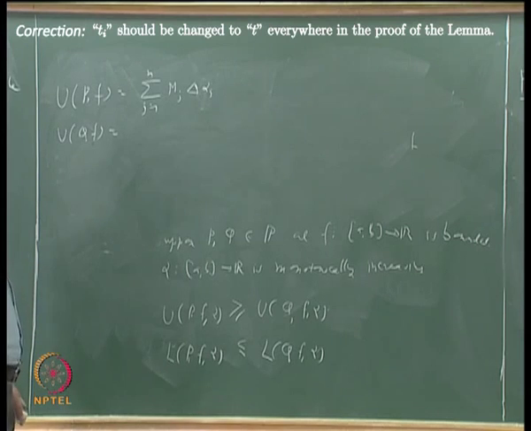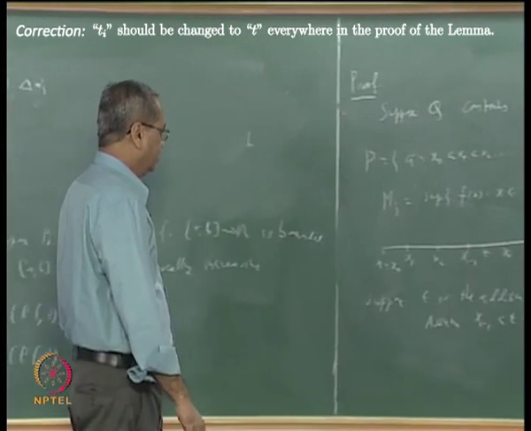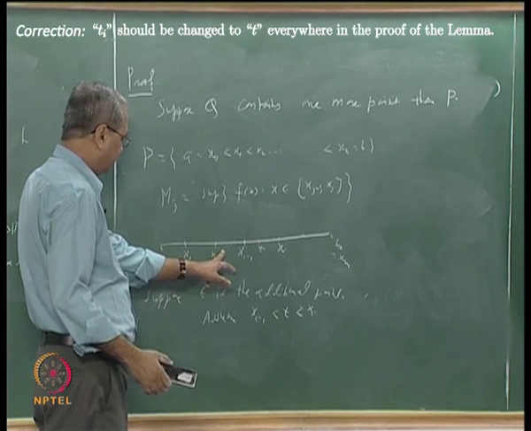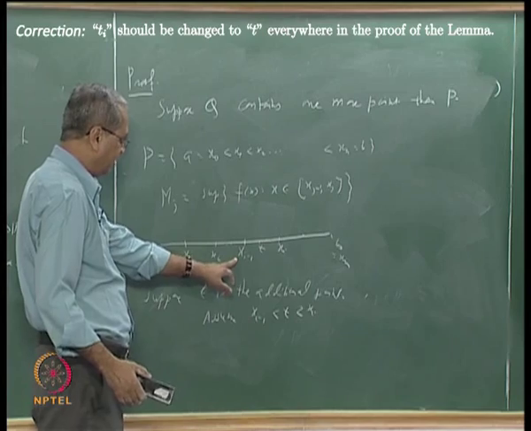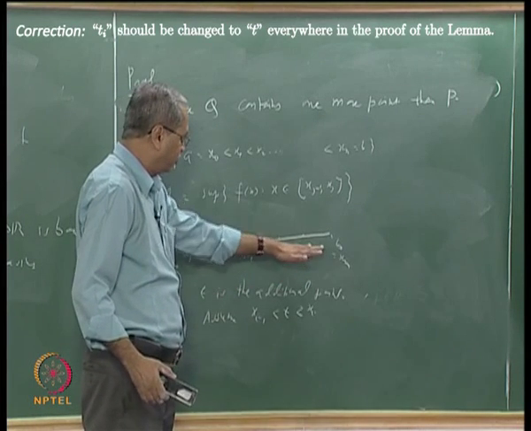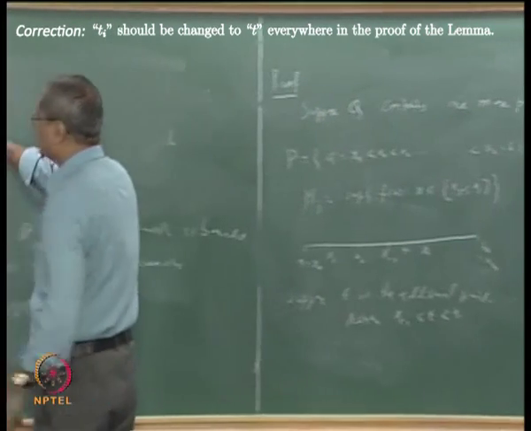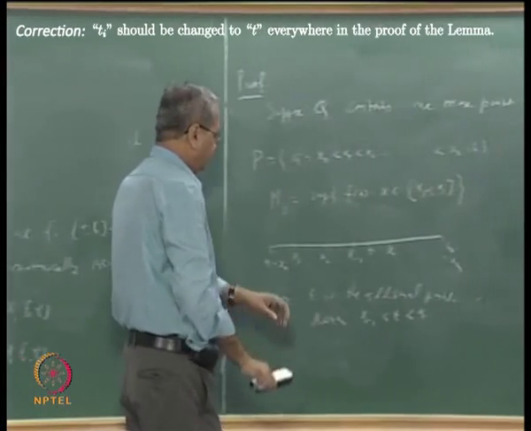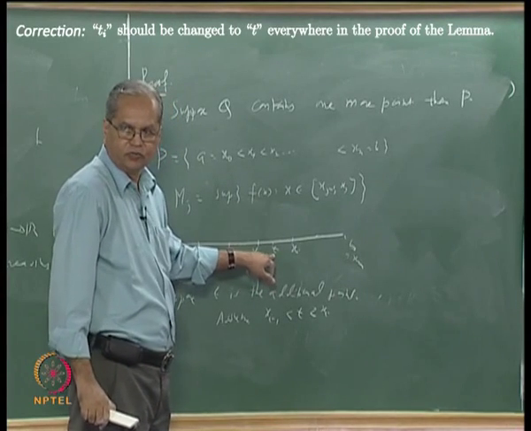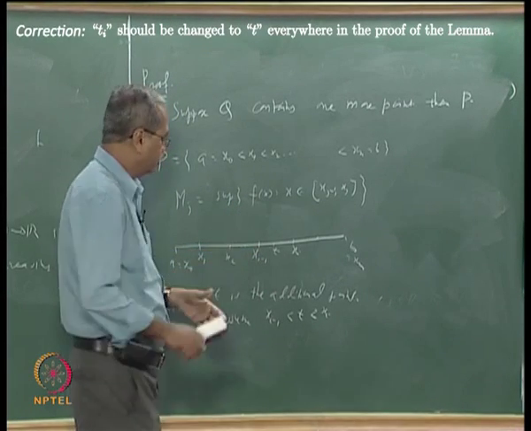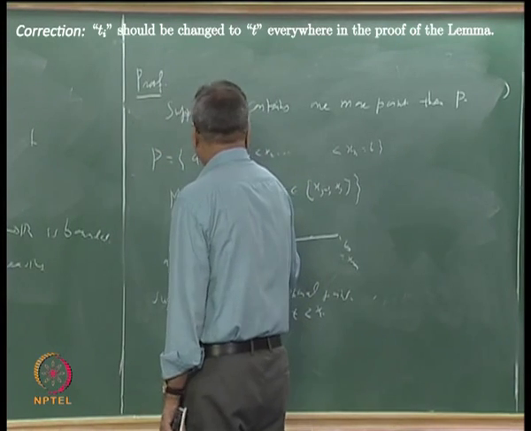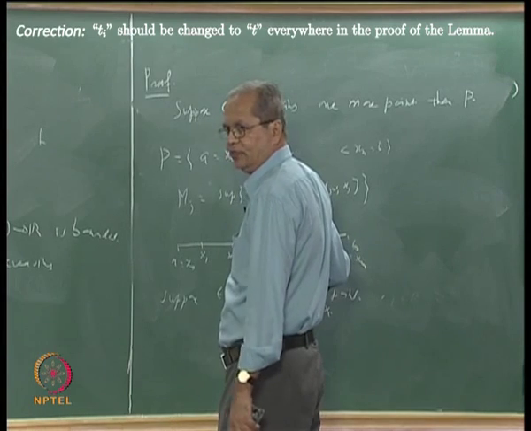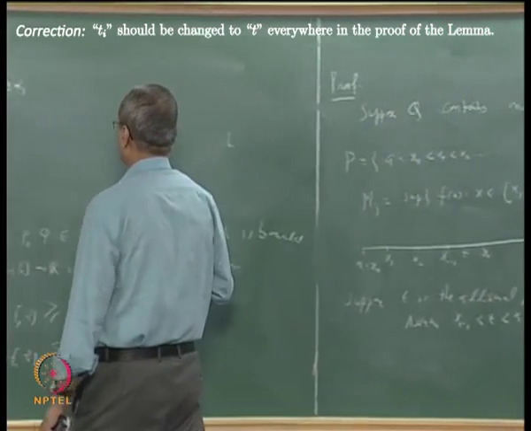For U(Q, f, α), for the intervals x0 to x1, x1 to x2, and so on, up to x_{i-2} to x_{i-1}, and similarly x_i to x_{i+1}, for all those other intervals the terms are the same. The only difference occurs when you take the interval [x_{i-1}, x_i]. For that we will have to look at the supremum over the subintervals [x_{i-1}, T] and [T, x_i]. Let me give some notations for this.